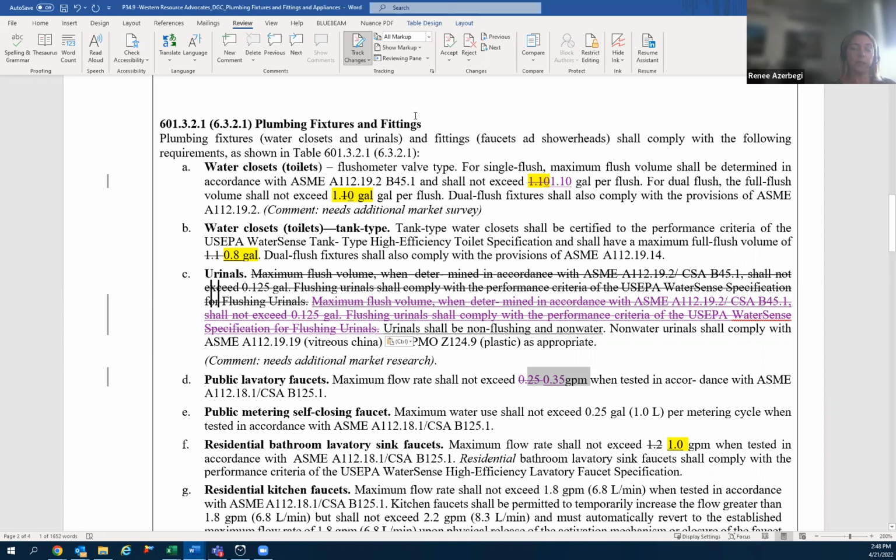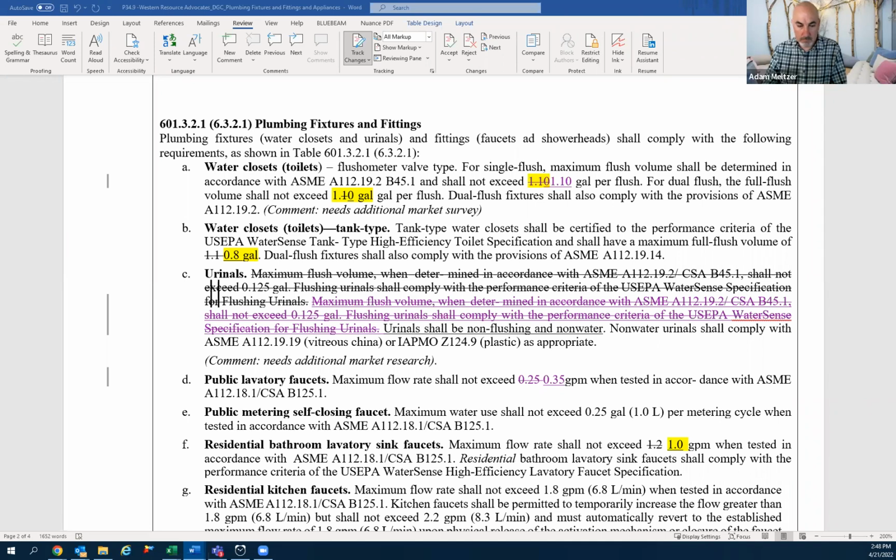I agree with those changes. I don't know enough about the difference between the 0.25 and the 0.35 in terms of availability and cost. I wouldn't mind seeing the 100% on the drinking fountain thing, but if I can't change his proposal, then I'm fine with it as it is. You can, Renee. Oh, okay. Well, then I want to know more about the 0.25 versus 0.35, Adam.